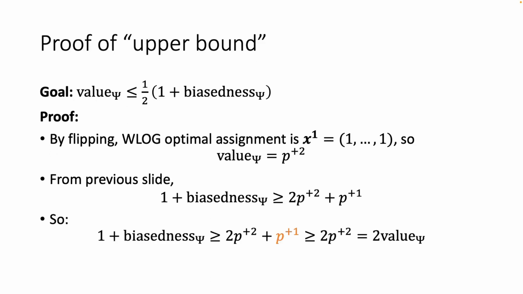Now you can put these two things together, and this P1, which is the fraction of constraints with 1 positive and 1 negative literal, is a non-negative number. So you can just get rid of it. And then you get just 2P2, which is twice the value. And this is the inequality that you wanted to prove. The point of this is that once you wrote this inequality, the rest was some simple manipulation.